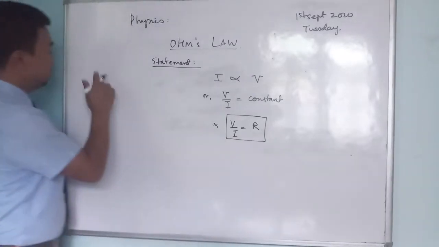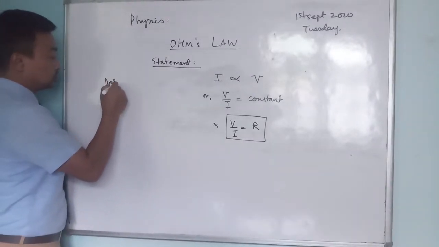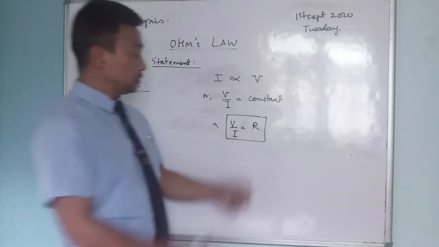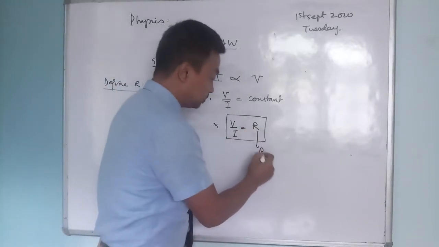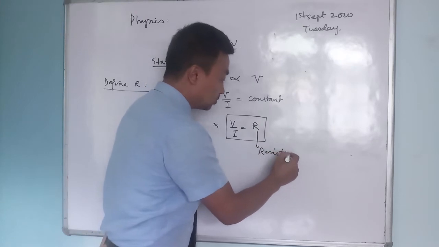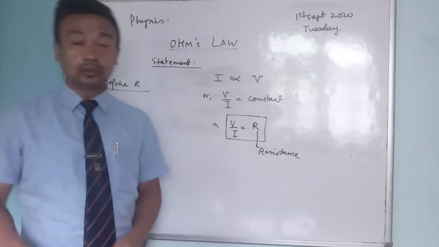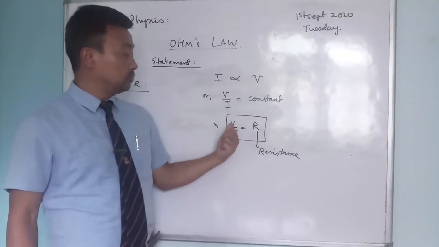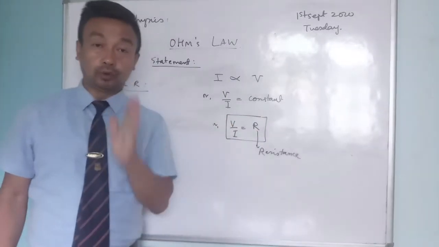So how can we define resistance? Resistance is given by the symbol R, and the formula of the resistance is V upon I, where V is the potential difference applied across the ends of the conductor and I is the current flowing through the conductor.